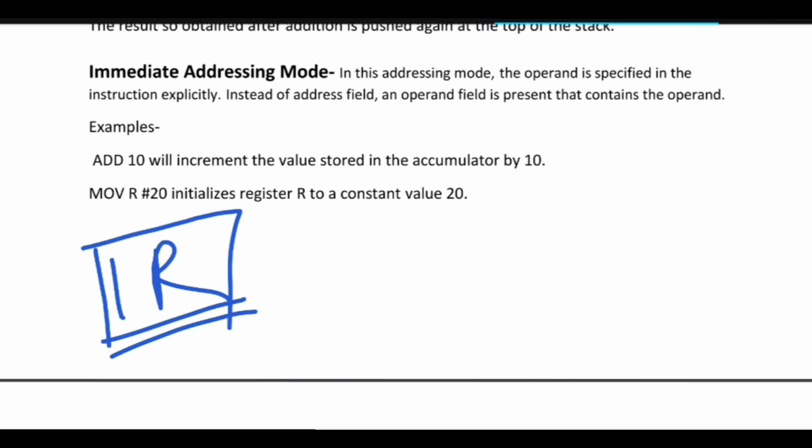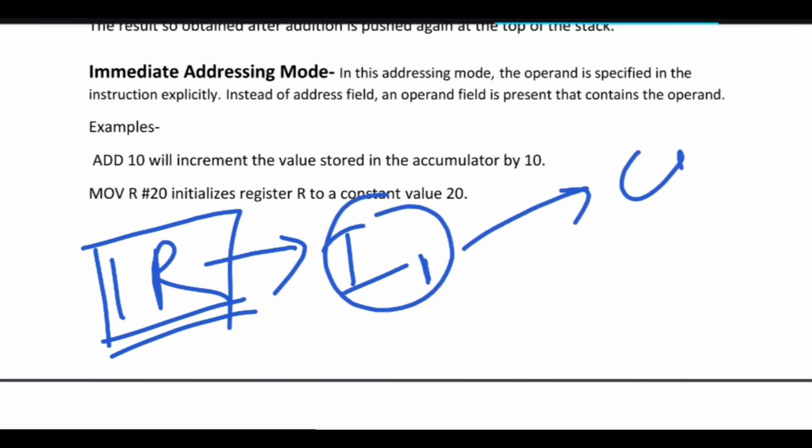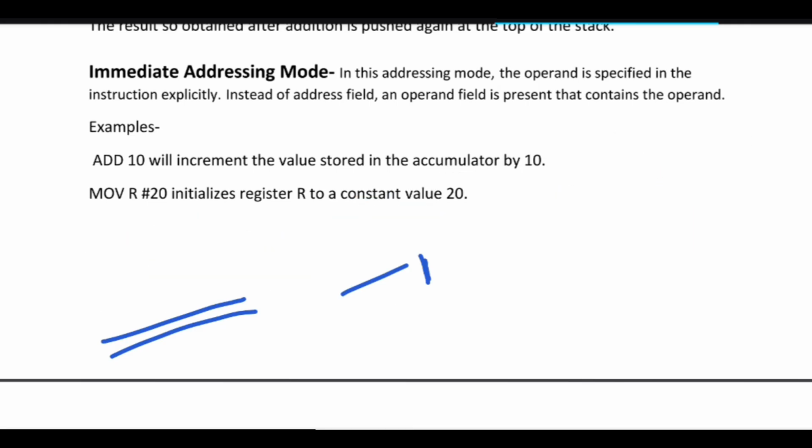Let instruction 1 be decoded by the control unit. The control unit decodes the instruction, and then we find whether it is immediate addressing or direct addressing, that is, we find the mode.